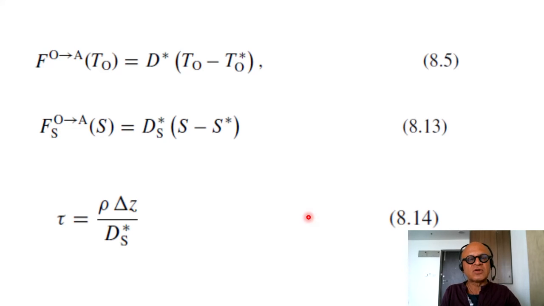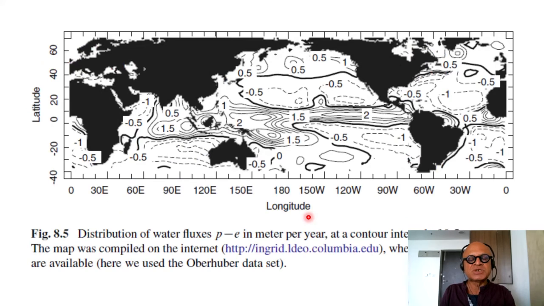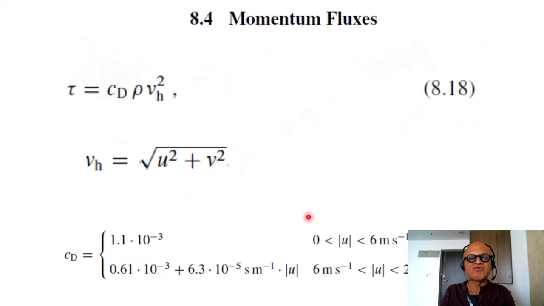I will do the momentum budget quickly and then come back to mixed boundary conditions after this, to say how we deal with this difference in salinity flux versus heat flux.